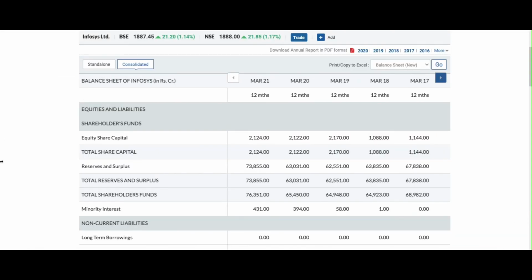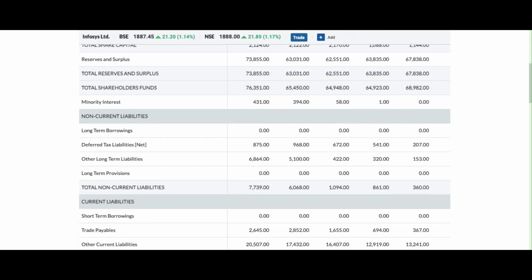Now let's see the balance sheet of the company. If you can see here the reserves of the company, I have opened the yearly balance sheet, and we are looking at the numbers of the company from March 2017 till March 2021. So if you see, the reserves of the company are constantly increasing, which is a healthy sign, a positive sign.